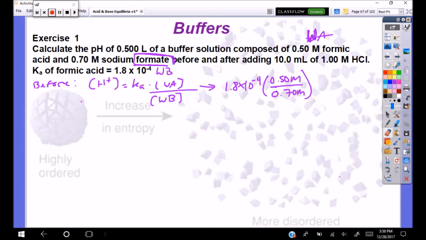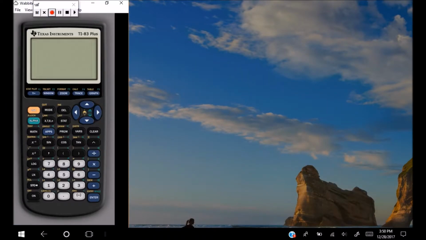All right. So I'll go to my calculator, and I've got 0.5 divided by 0.7 times 1.8 e to the negative fourth, and I get my H plus concentration of 1.29 times 10 to the negative fourth, and of course I'm going to do negative log of that.